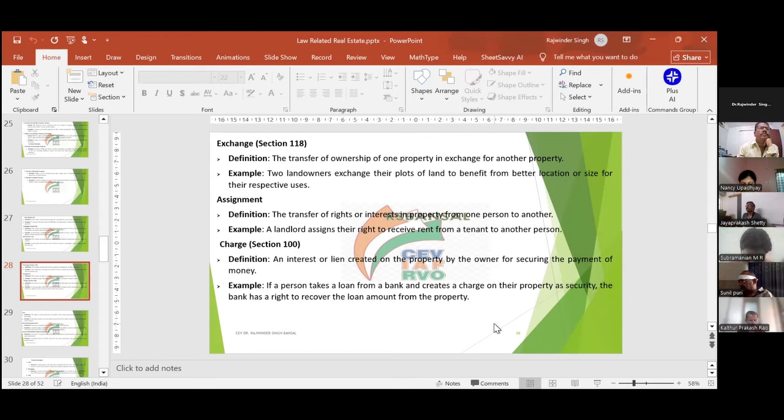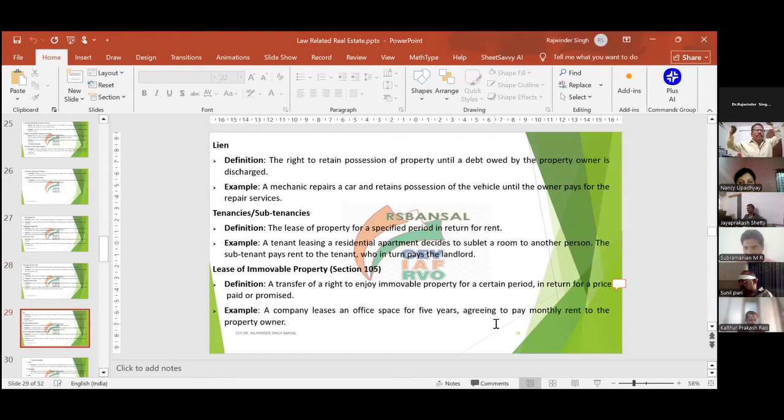The bank has a right to recover the loan amount from the property. So it means they have created a lien or a charge on the property, that if the loan is not repaid, they have the right to sell the property and recover their loan amount. So they have the right to recover the loan amount from the property.